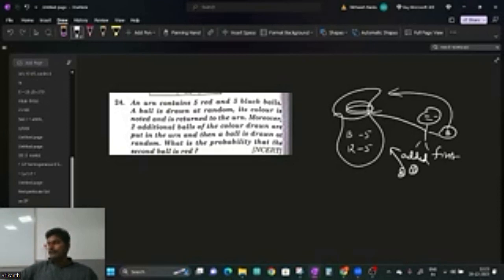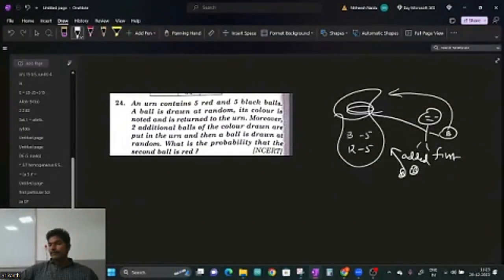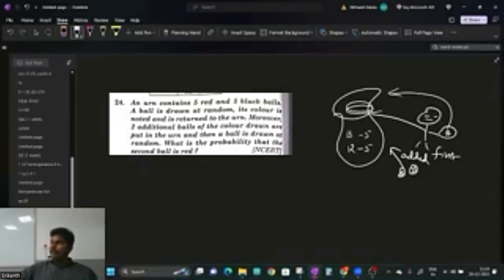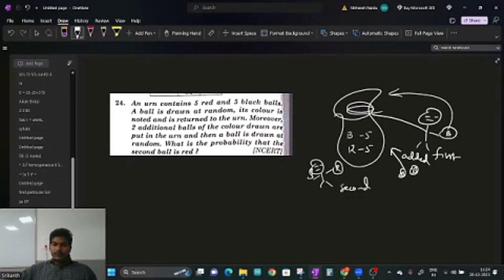That means again 10 balls are ready for the second draw. Not only that, moreover, he is dropping two more black balls. That means a total of 12 available for the second draw, and at the second draw, he always has to draw a red ball. Understood? So write down.